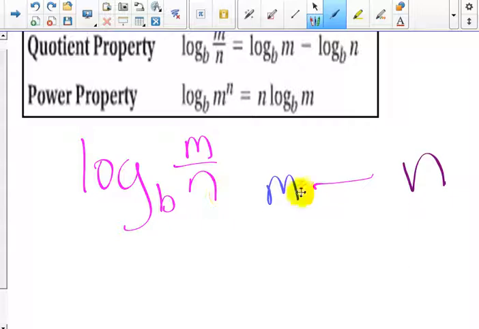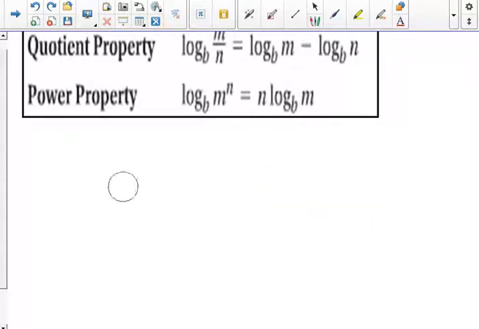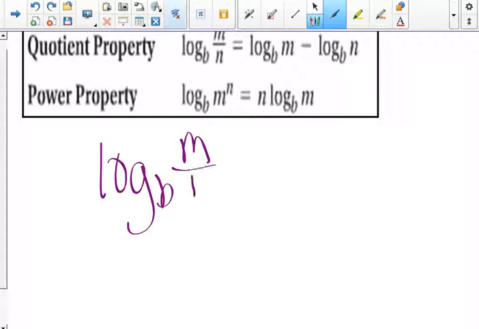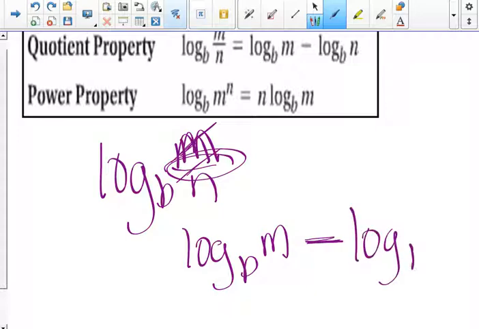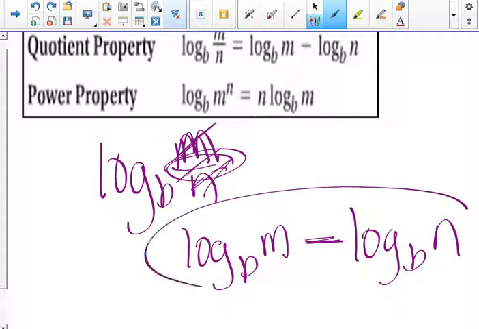So there's my m minus n. So log b of m divided by n becomes log b of m, there's my m, that one's done, minus, I use my bar for the minus to remind me, log b of n. And that's how I remember which is which.